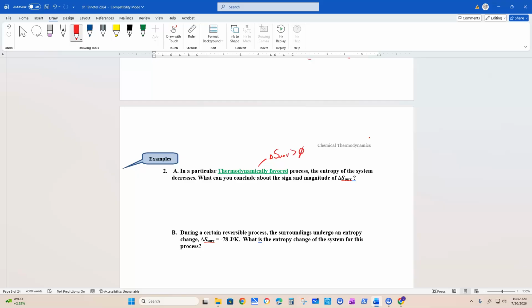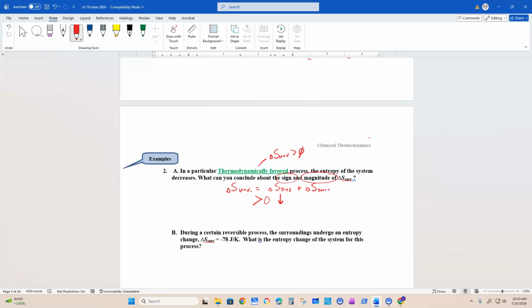The entropy of the system decreases. Okay, so my delta S universe equals delta S of the system, and all I know is that the system decreased, it went down. If I add that to the surroundings, what do I know about the sign and the magnitude of the surroundings? Okay, well, according to the law, this has to be greater than 0.